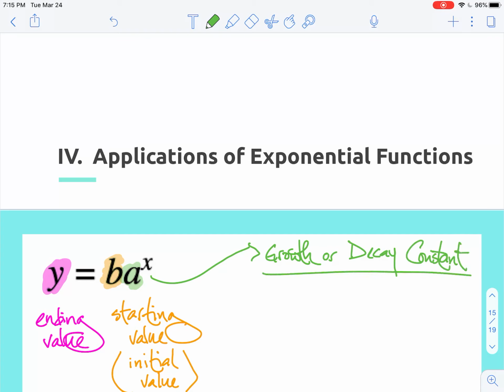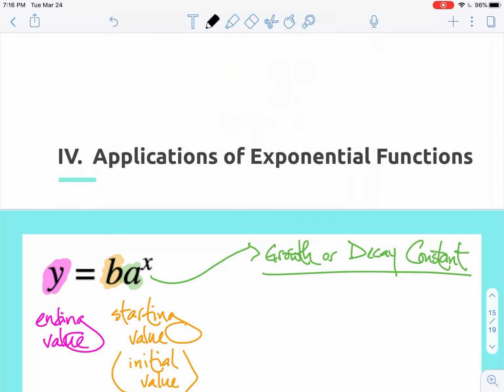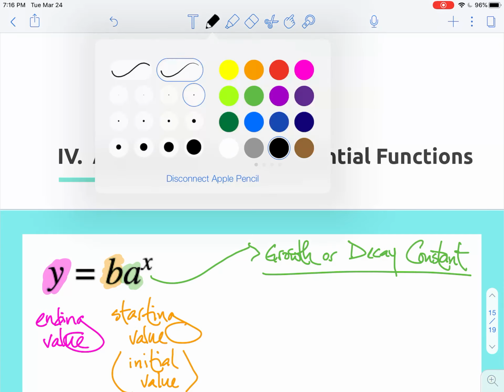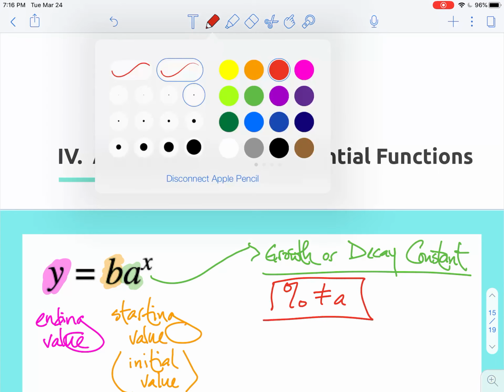In a lot of our word problems, we're going to see percentages. Okay, the percent that they give you is not your A. The percent that they give you in the word problem is not your A value. Don't be tempted to just plug that number in.